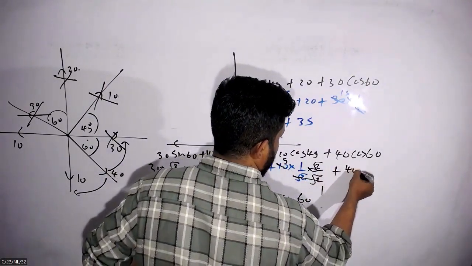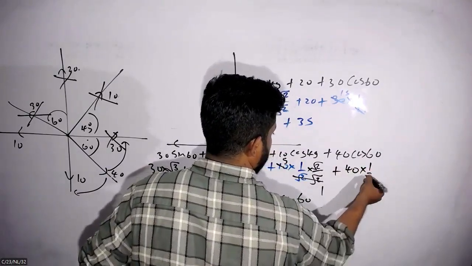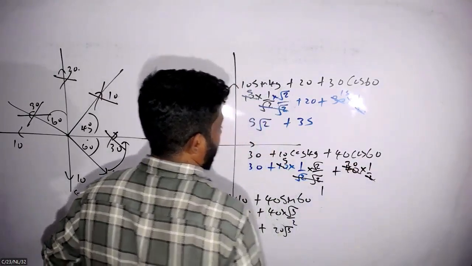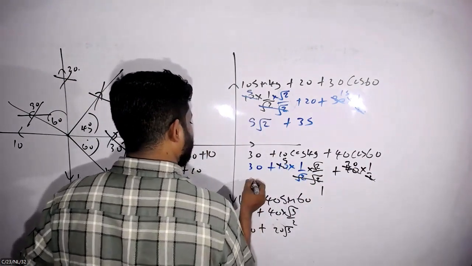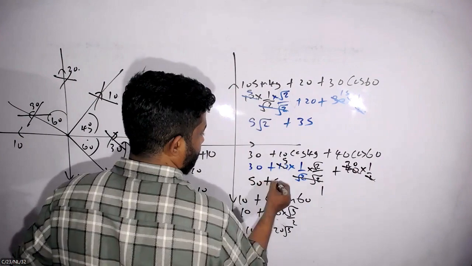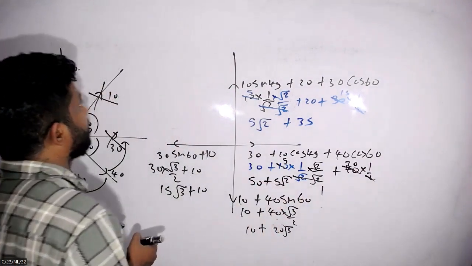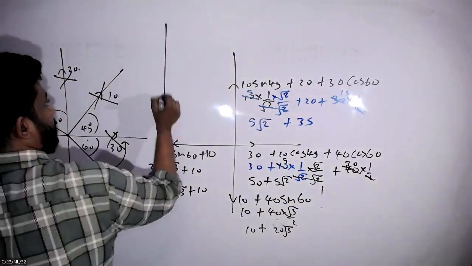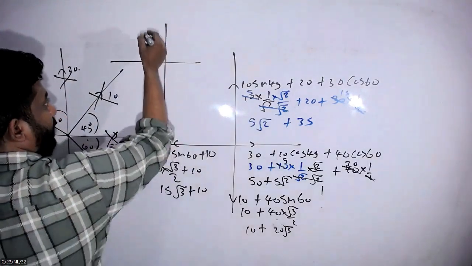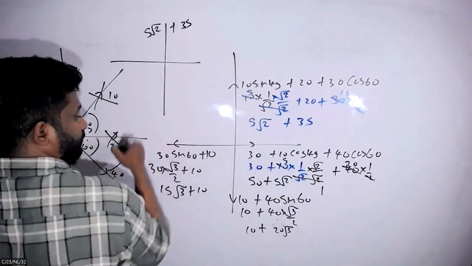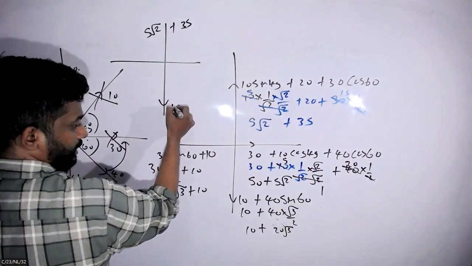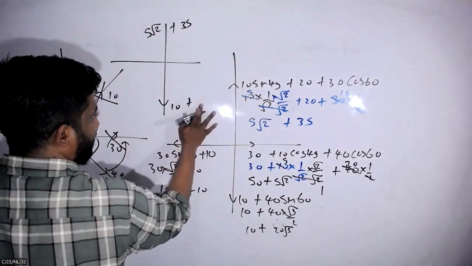Then 40 cos 60 is half. Then the answer is 20 plus 30, 50, plus 5 root 2. Then you can simplify the values. These are the final values: 5 root 2 plus 35. This one is 10 plus 20 root 3.